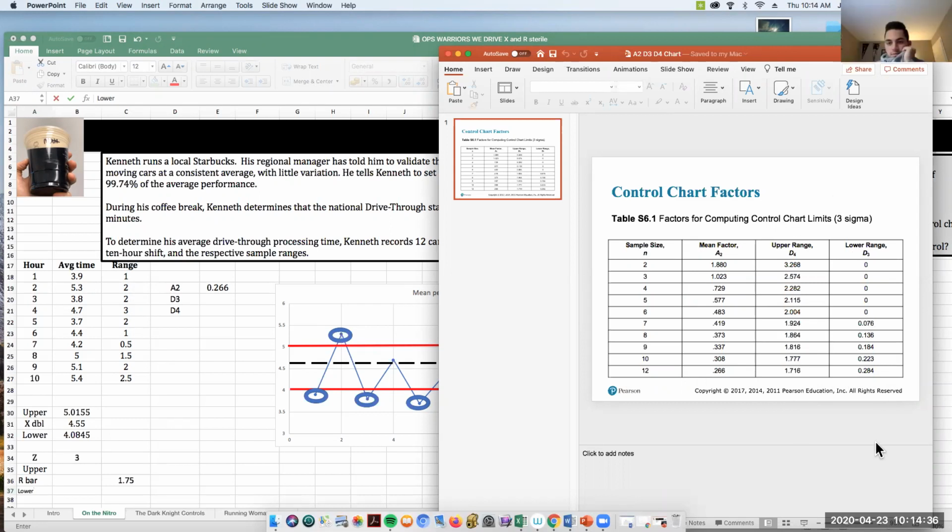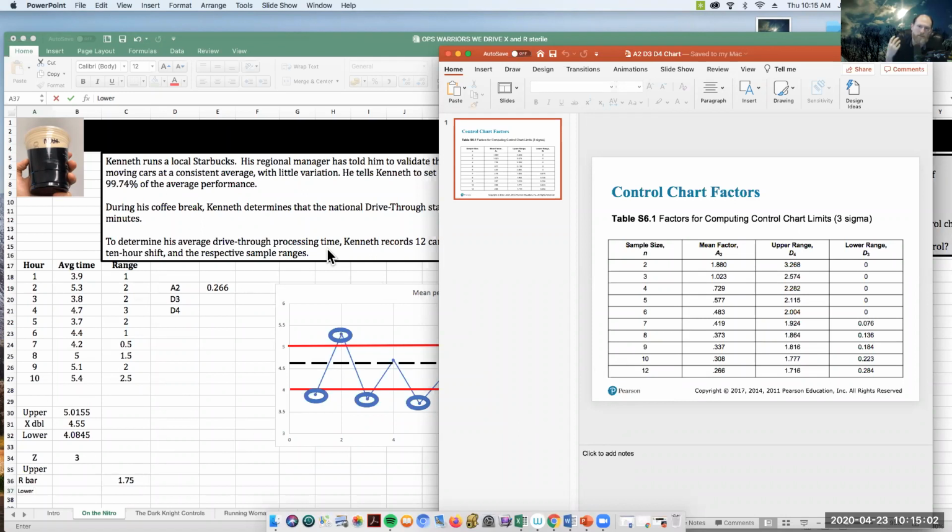Which row or column? Yeah, so for this problem that we're working, how do I figure out what D4 is? Would it be row 12? Okay. And why did we pick that? There's 12 samples. Yeah, so okay, let's be careful.